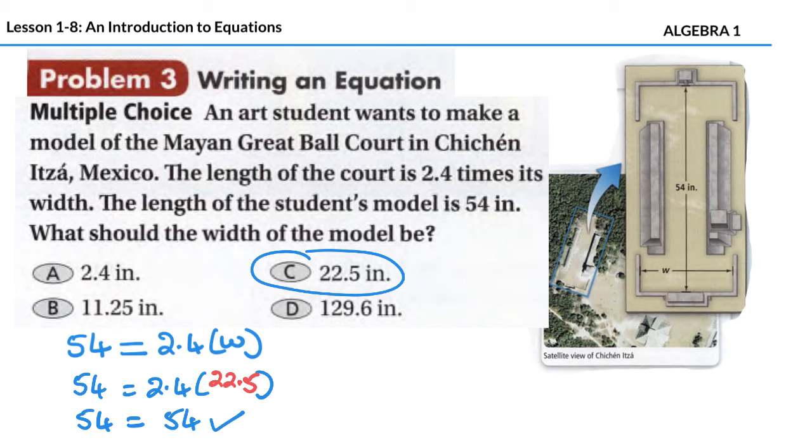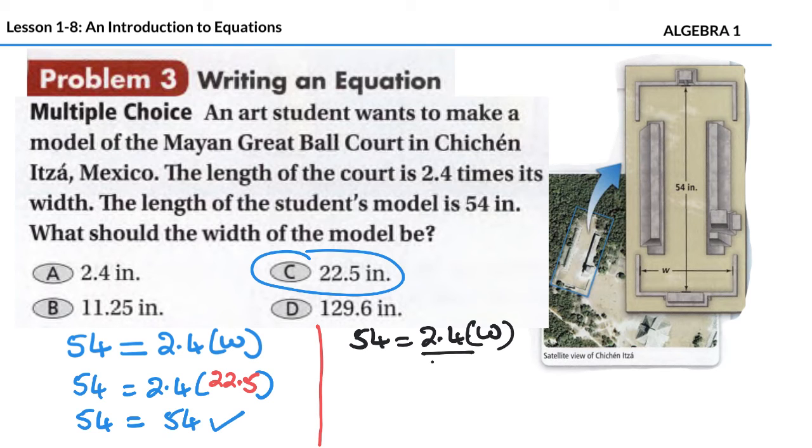You can do it the other way in case multiple choice is not given. How would you go about solving this equation? 54 equals 2.4 times W. Now you want to find the value of W. It's multiplied with 2.4. How will you get rid of multiplication? It is by division.